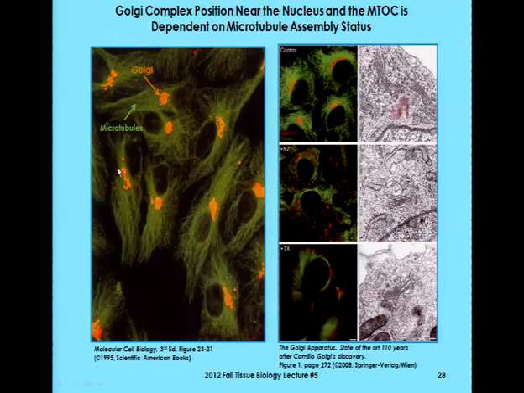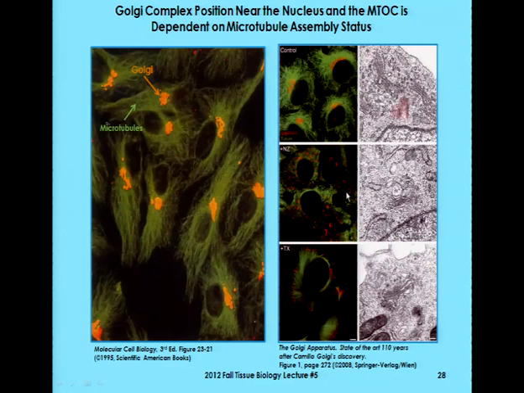In this micrograph to the left, we're seeing immunofluorescent detection of both the Golgi and microtubules in the cytoplasm. Now, studies have shown that the Golgi has an association with the MTOC, which is a region where we find the centrioles.